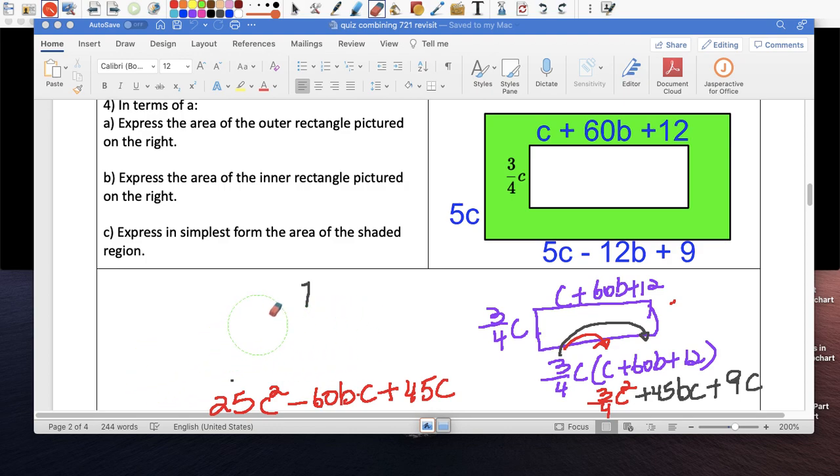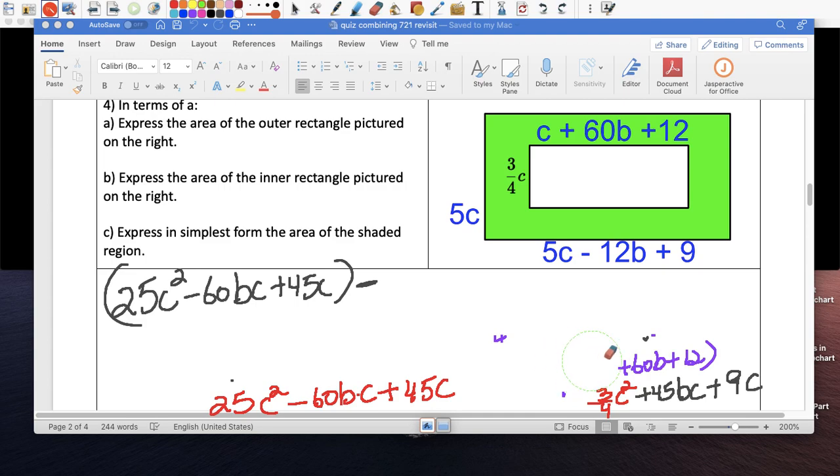Now I'm going to rewrite it: 25c squared minus 60bc plus 45c, that's the area of the big rectangle, minus this guy here, and we have to put it in parentheses: minus 3/4 c squared plus 45bc plus 9c, in parentheses.